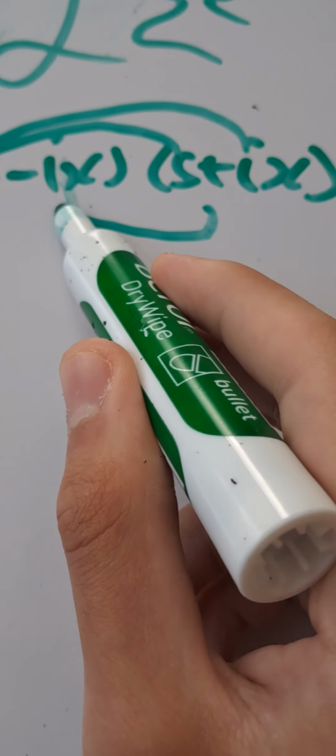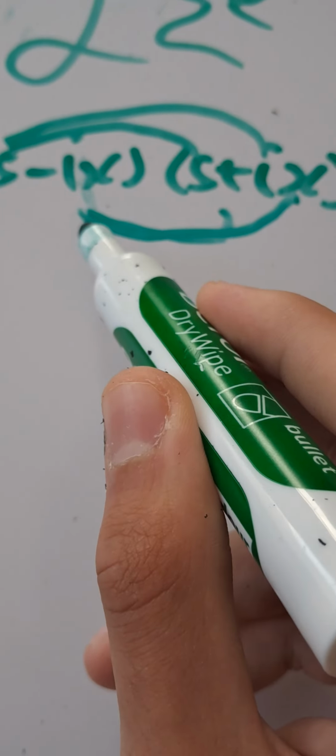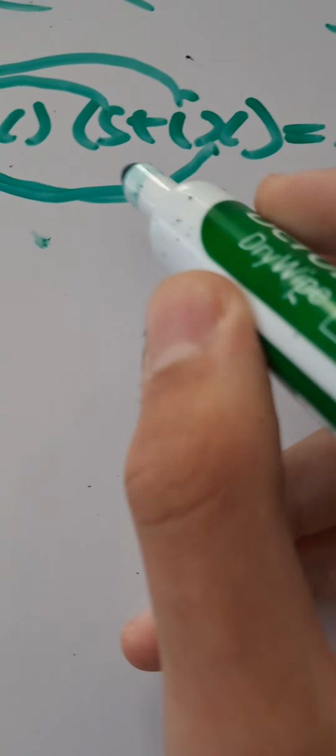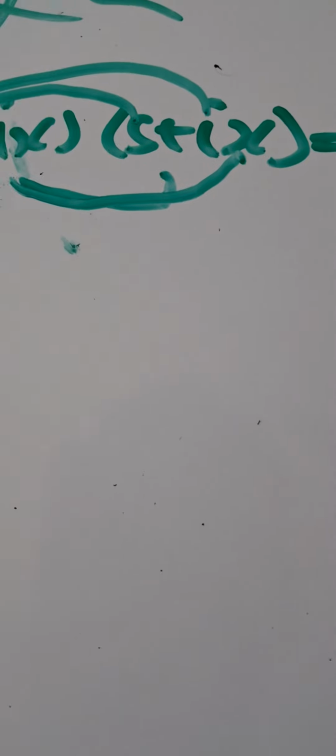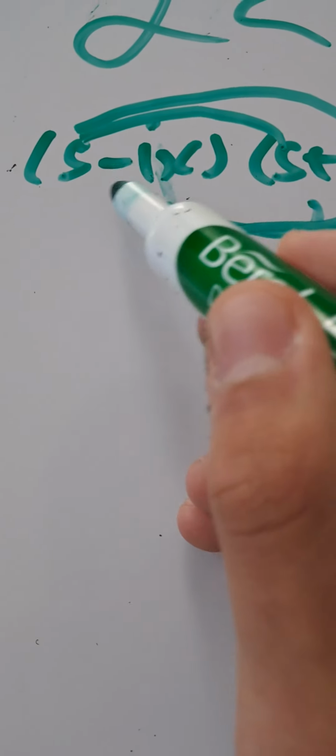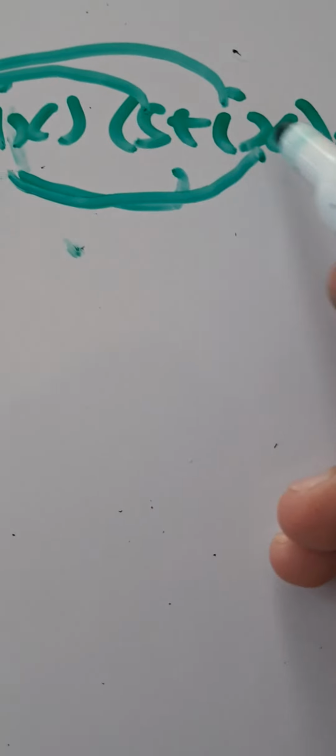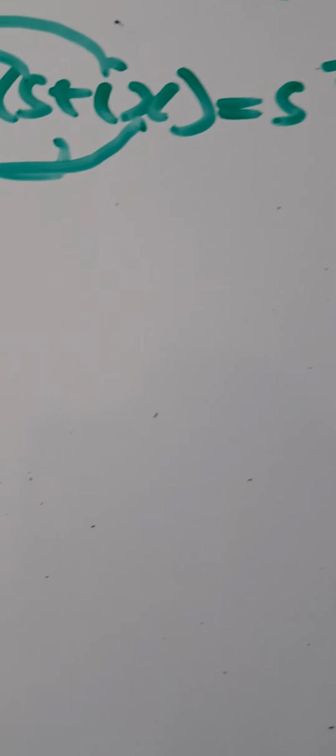Now we do ix times negative ix. That'll give us positive x squared, because i times i is negative 1, and negative 1 times negative 1 is positive 1, times x squared.